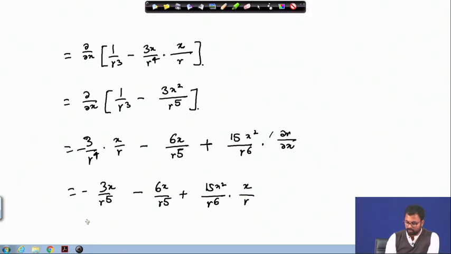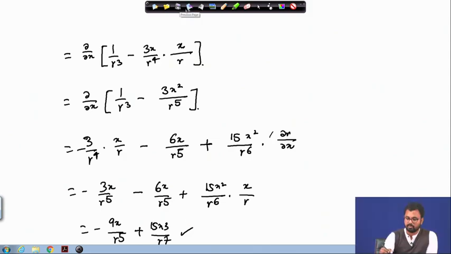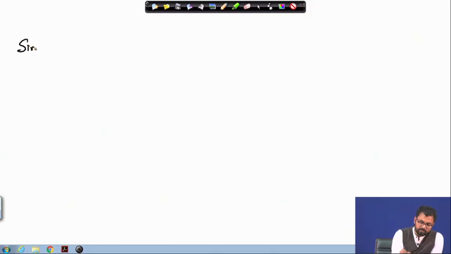So, ultimately we will have minus 9x by r to the power 5 plus 15 x cube by r to the power 7. So, that is just the first component. Now, similarly, we can calculate ∂²/∂y².